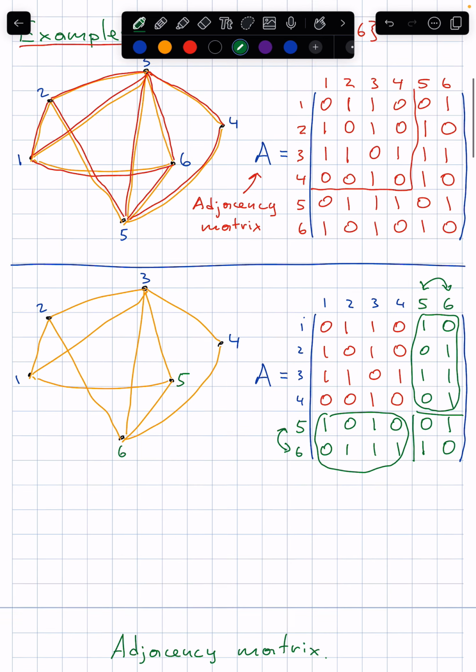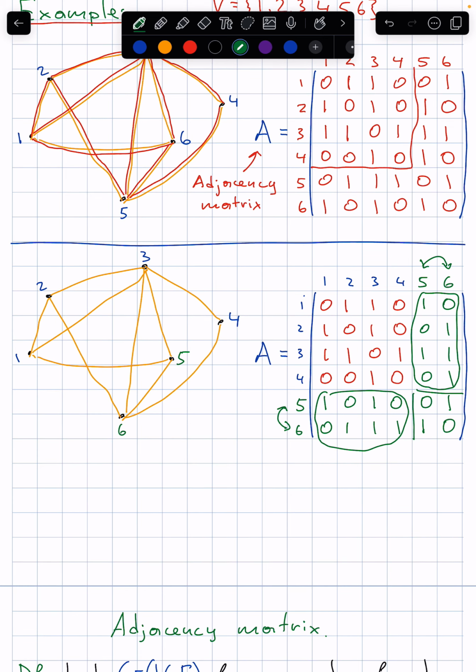One thing I also want to say is that sometimes we will use these notations. So we have this matrix A, and for the entries of the matrix, we will use this notation. We put A in the square brackets like that, and then we just put some indices.